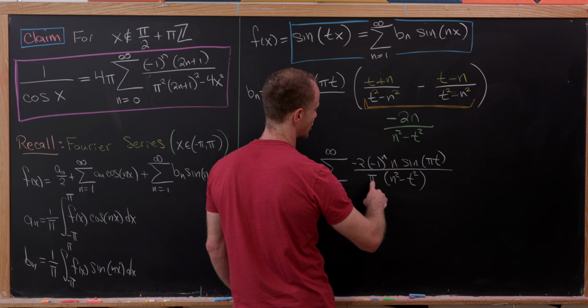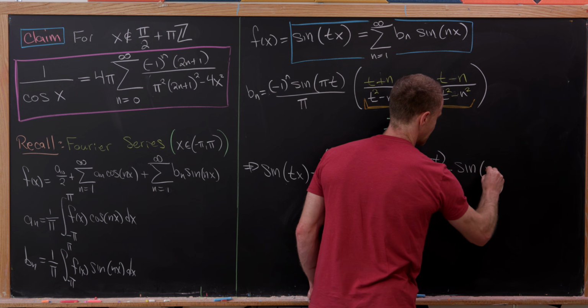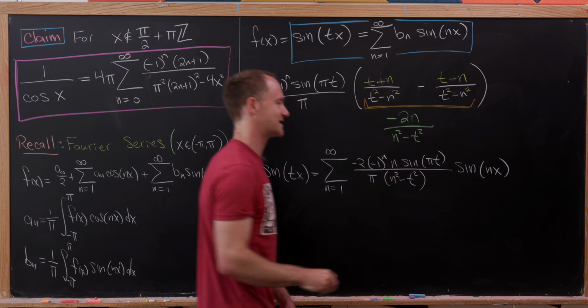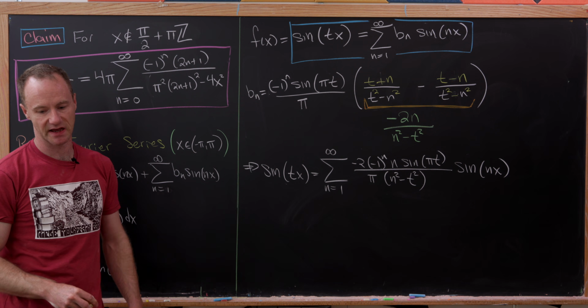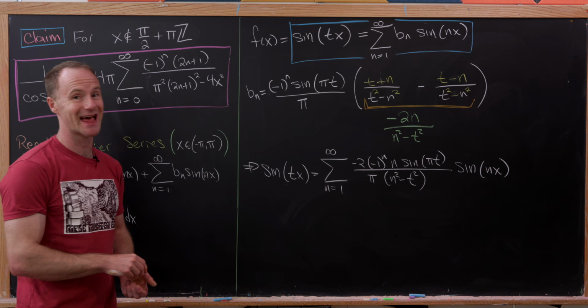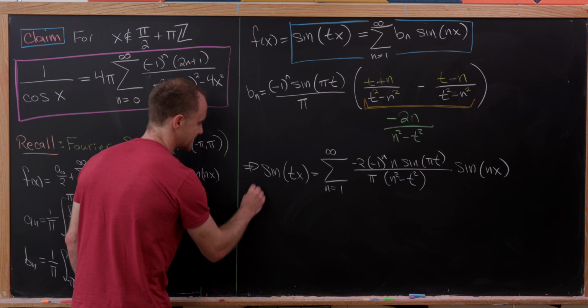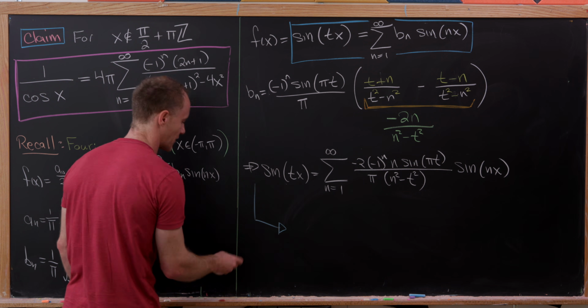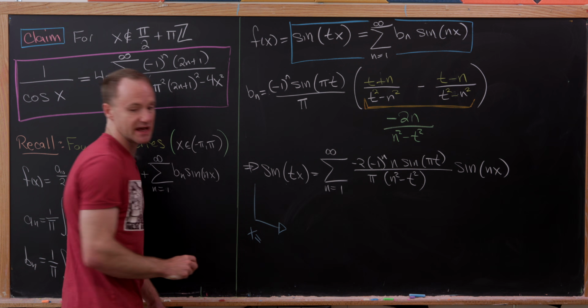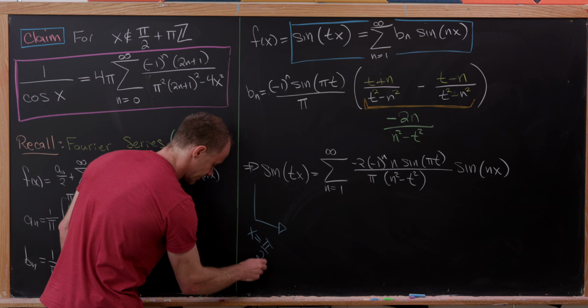And then that's just the coefficient of our sine nx. So we need to include that there. So we have sine of n times x. And now the trick at this point is to set x equal to something. And it'll be something that's advantageous to simplify that right-hand side. And in this case, we'll set x equal to pi over 2.